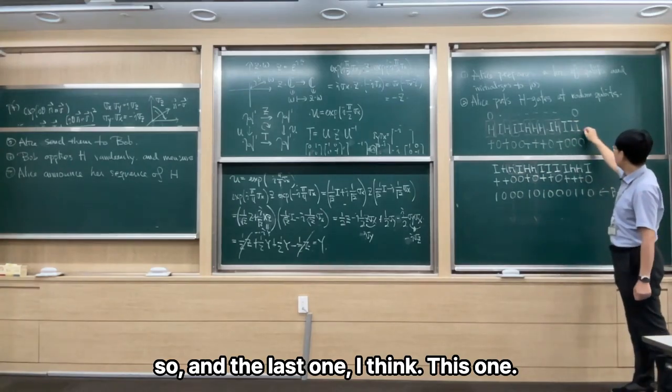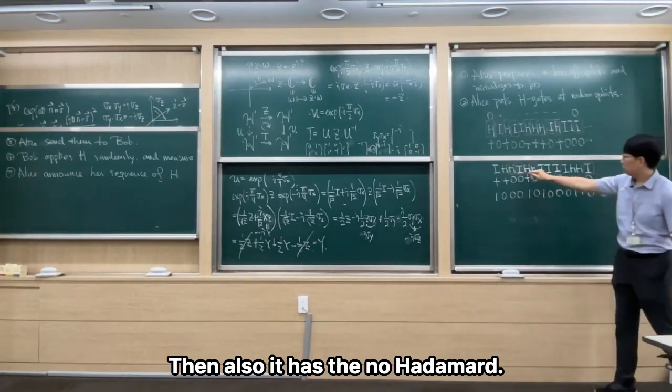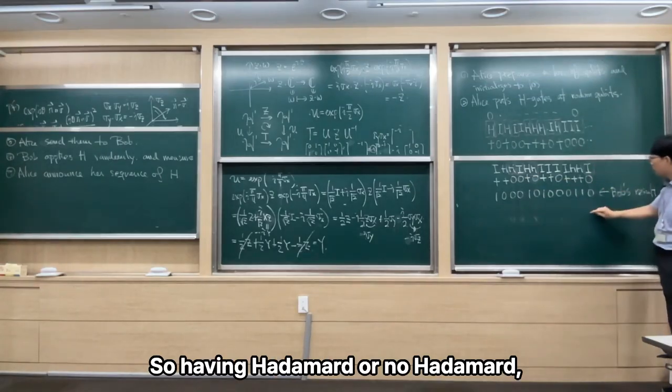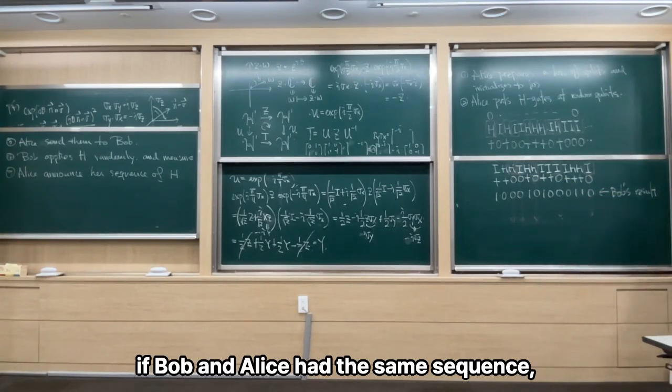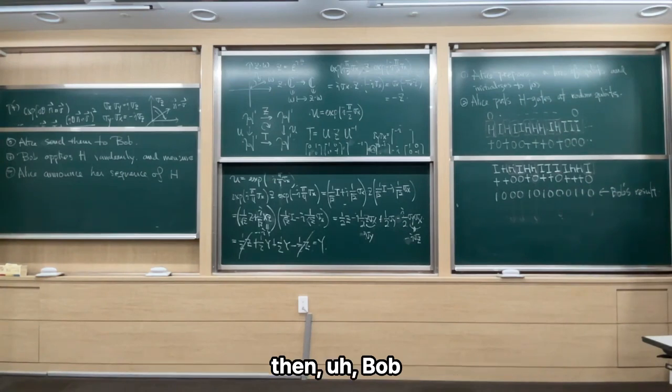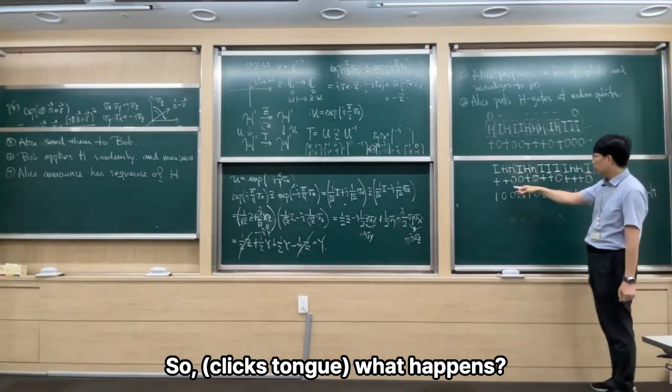And the last one, I think, this one, also has no Hadamard. So having Hadamard or no Hadamard, either way, if Bob and Alice had the same sequence, then Bob keeps the record of the observation of that qubit.